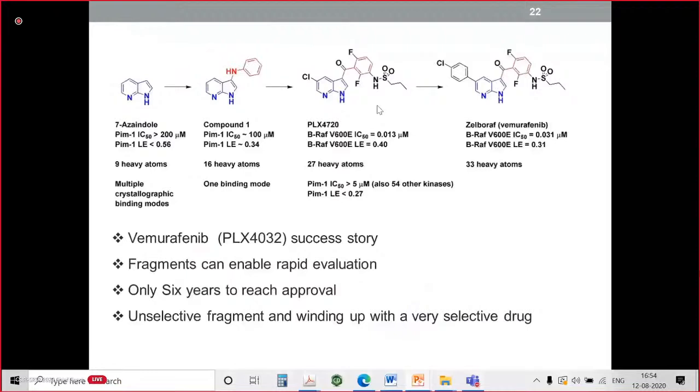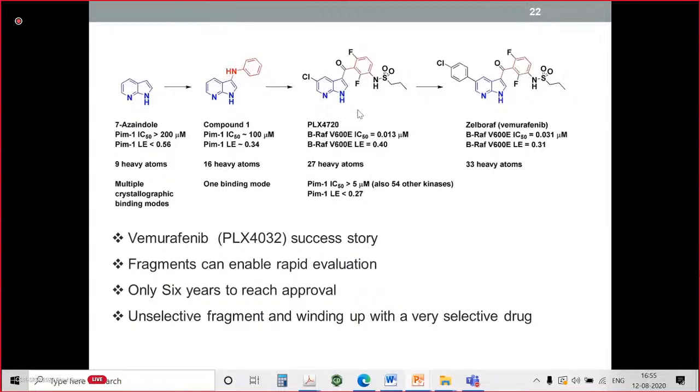This shows selectivity toward the mutated BRAF protein, but it's somewhat non-selective also. Selectivity is there, but it also acts on other proto-oncogene proteins or other kinases.